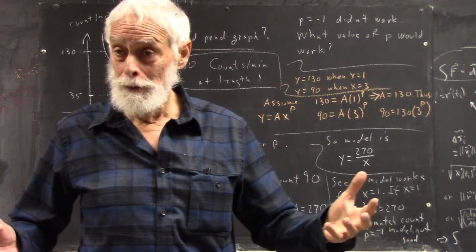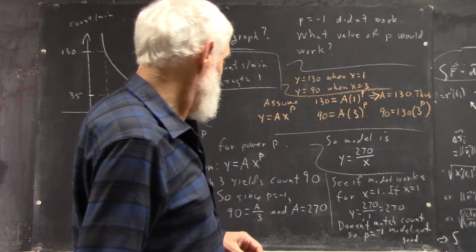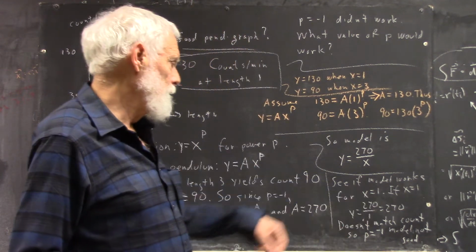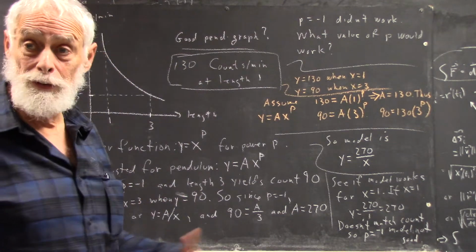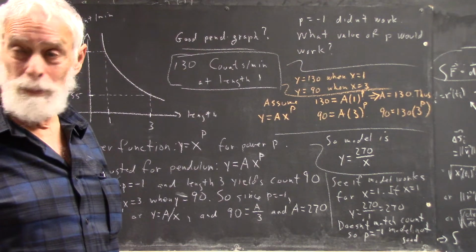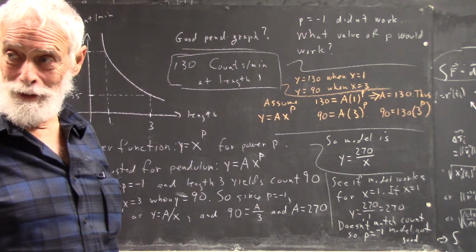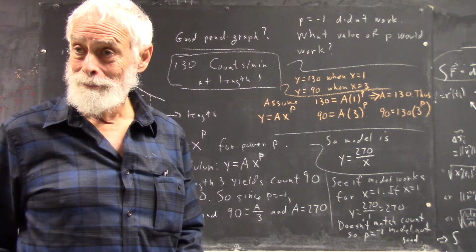Now, I'm going to give you some problems that ask you to do this. I'm just going to say, okay, try it for power -1. Doesn't work. Try it for power -2. Probably going to find it's even worse. Okay? So you're going to prove that neither of those powers works.